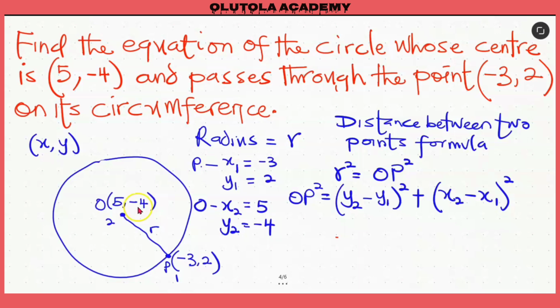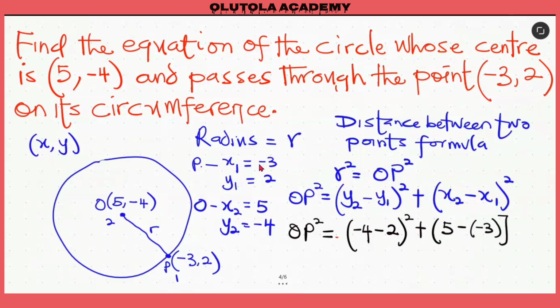So I can put that in this formula now. I'm going to have OP square equals (y2 is -4 minus y1 is 2) all squared plus (x2 is 5 minus x1 is -3) all squared.